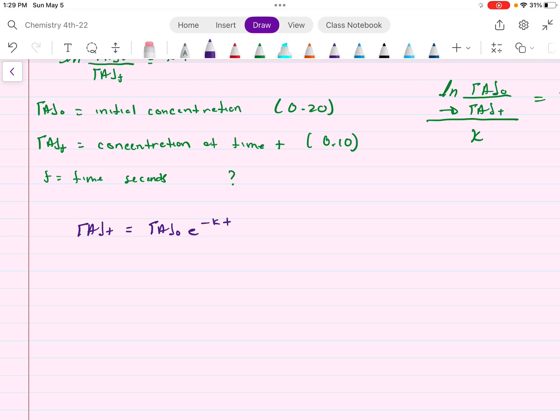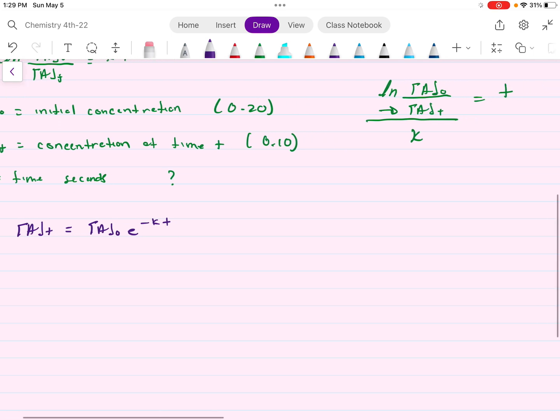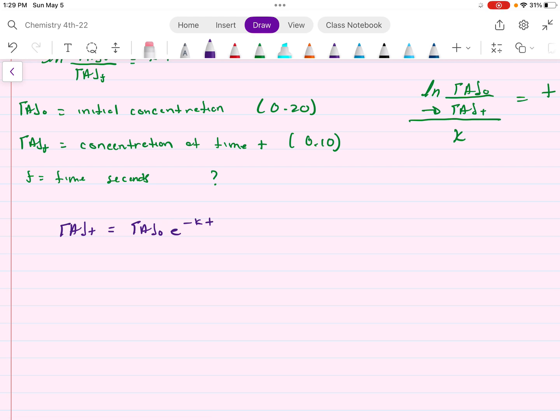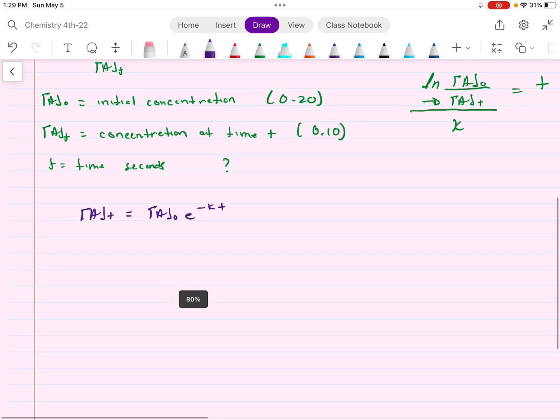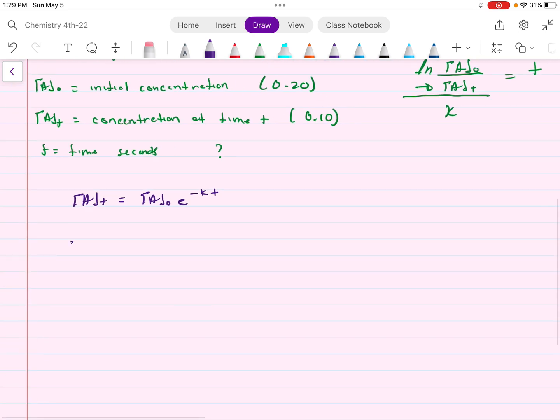So let's use the same example. And let's see if we can figure out after, what, 1,000 seconds? Let's do 1,000 seconds, right? So I want to figure out what my concentration is going to be after 1,000 seconds. So right here, all we're going to do is plug everything in at time t.